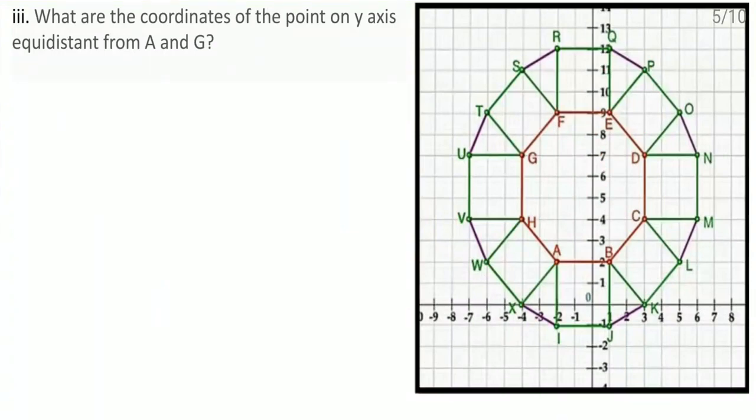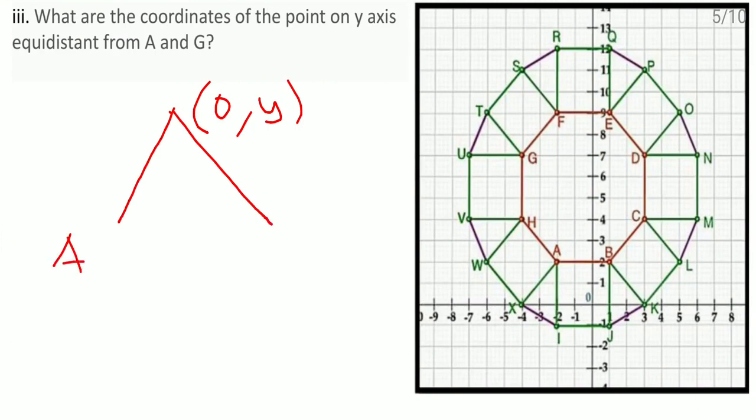What are the coordinates of the point on the y-axis equidistant from A and G? Suppose this is the point on the y-axis. The coordinates will be (0, y). This point is equidistant from A and G. So we need to write down the coordinates of A. This point is A here, and the coordinates are (-2, 2).